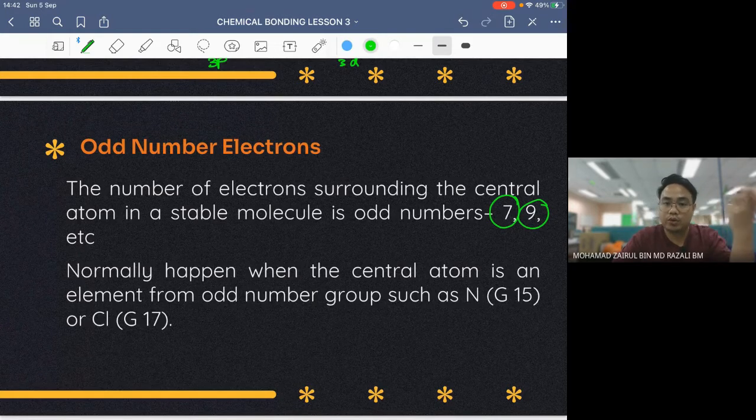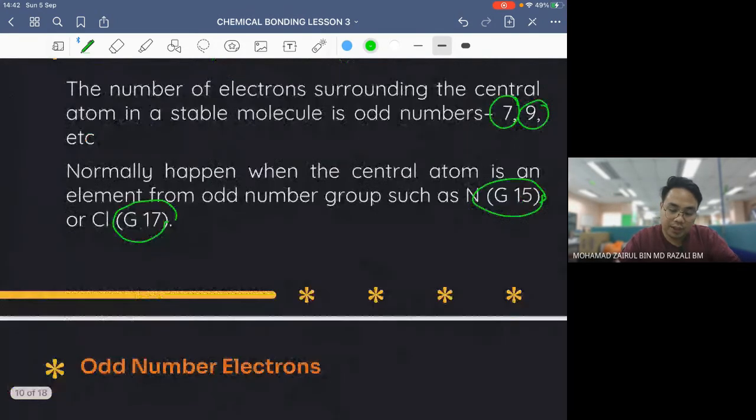So for example nitrogen and chlorine. Because nitrogen is located in group 15, so odd number. Chlorine is located in group 17, which is also odd number. So normally kalau central atom tu datang daripada group yang ada odd number, so dia akan form odd number electrons.